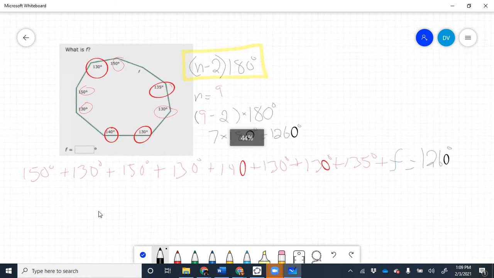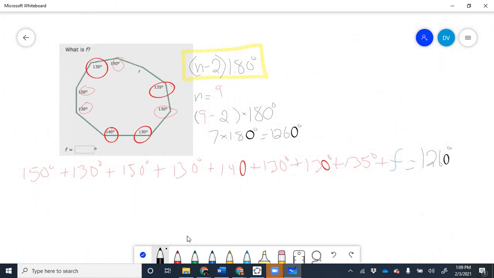Maybe I can get a little more room out of that. I think so. Now, I can't do that in my head, but let's add up all of these red ones. Take a minute to do that. I'm using my calculator because I can't do it that fast. 150 plus 130 plus 150 plus 130 plus 140.